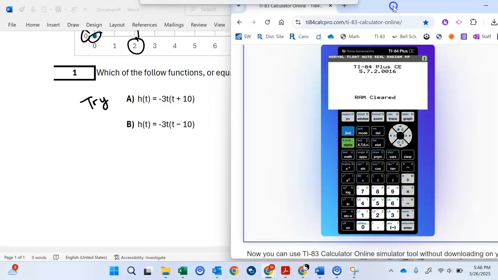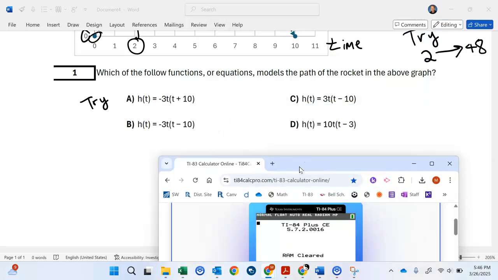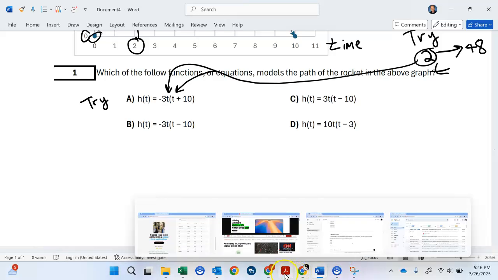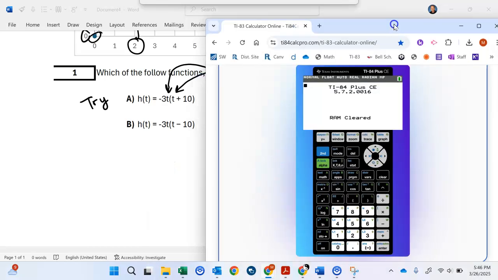Okay, so here's a calculator. I'm going to try this one right here. What I'm going to do is put this 2, which is the t, in both places.